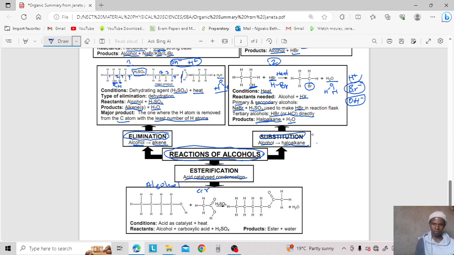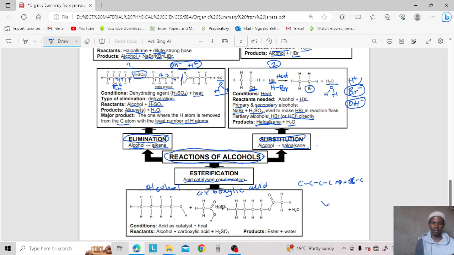Here we have the oxygen. What is left is the one from the acid, another oxygen near the double bond. And then from there, that's what we have. And then we're going to have H2O here. And then the products will be ester and water.